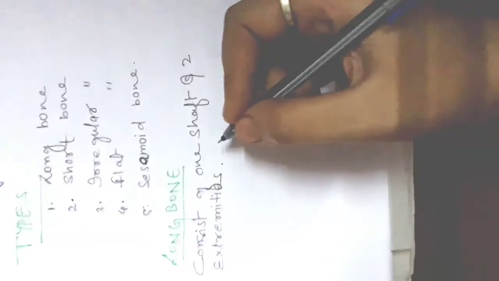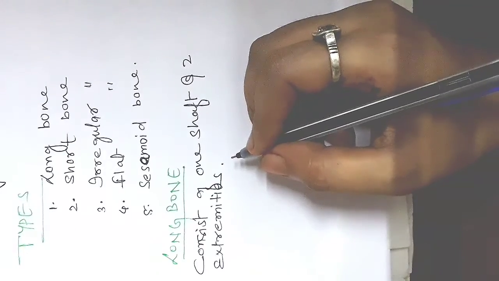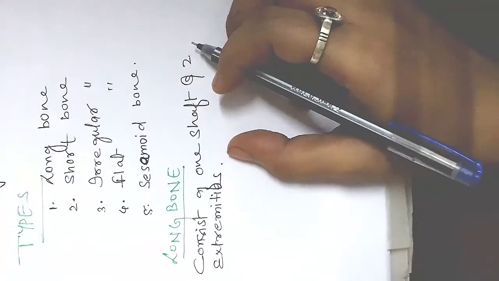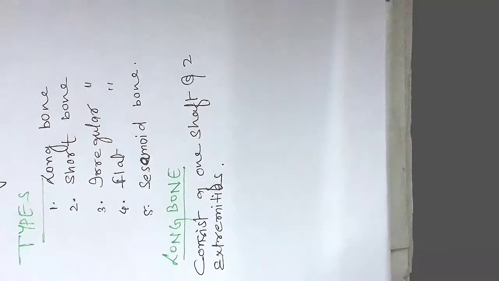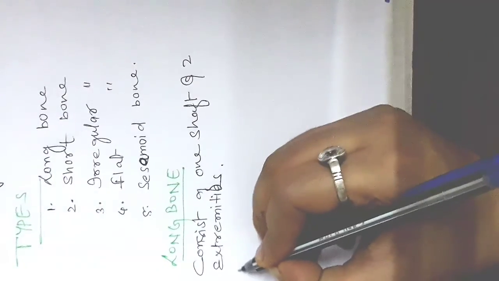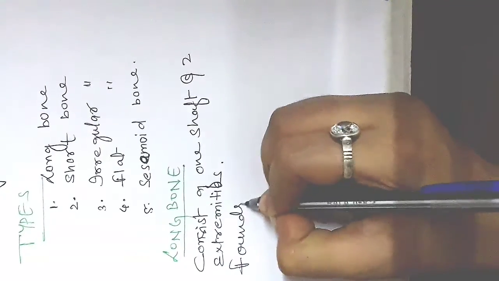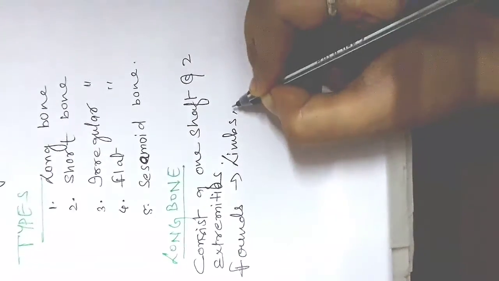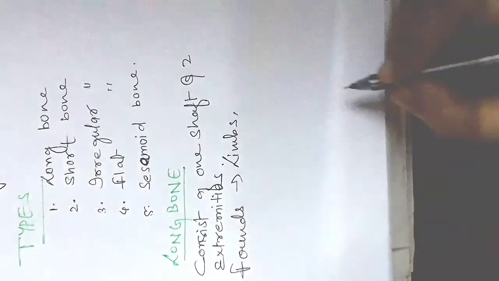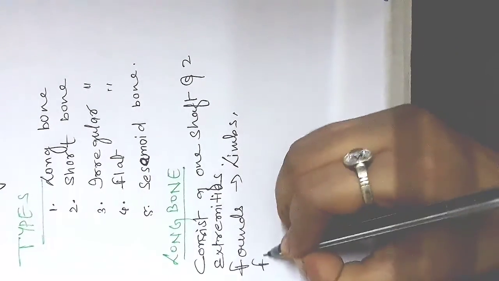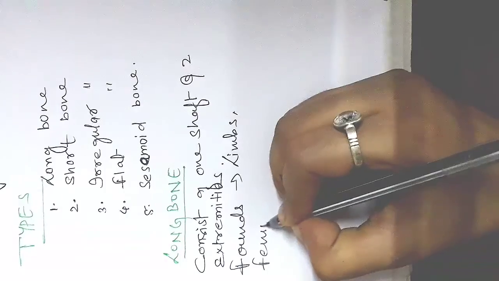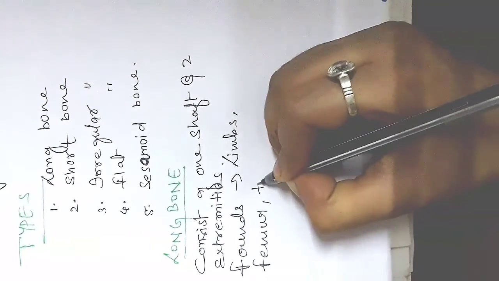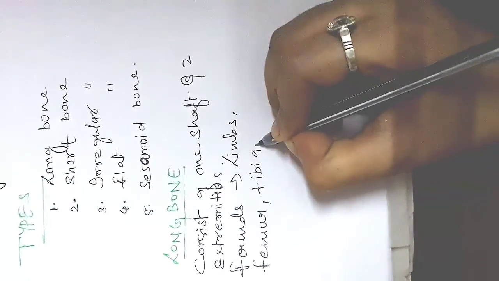As the name says, the bone is long and it is longer than it is wide, and it is found in the limbs, for example the femur, tibia, and fibula.